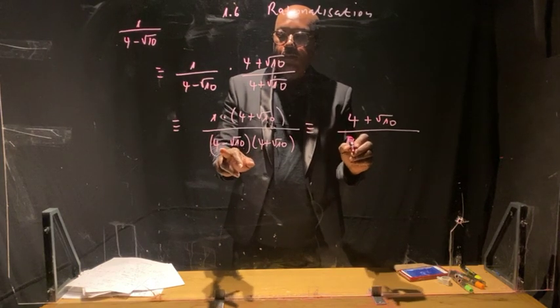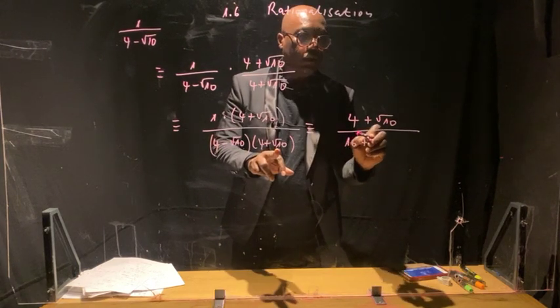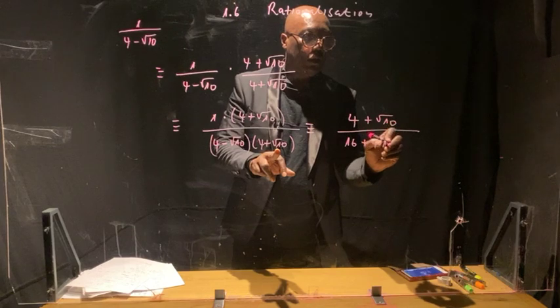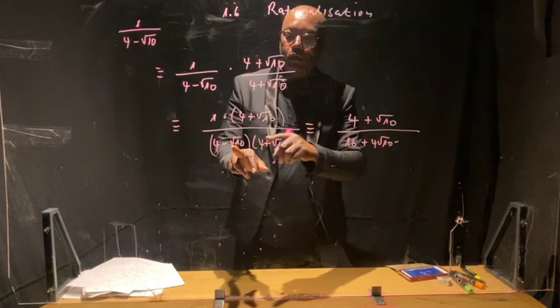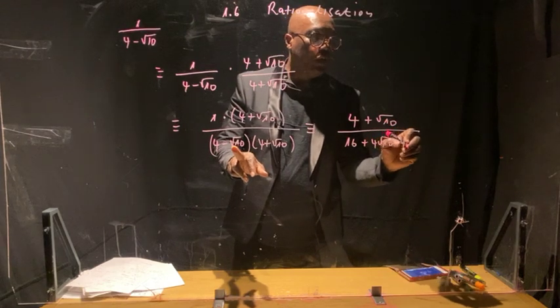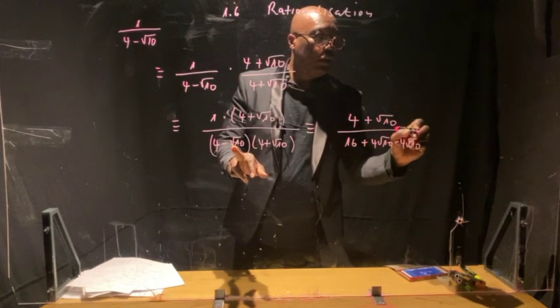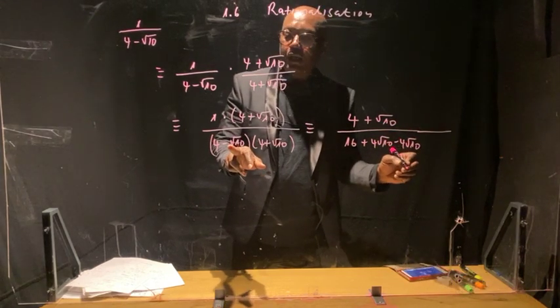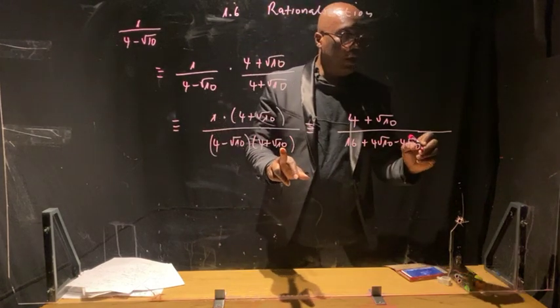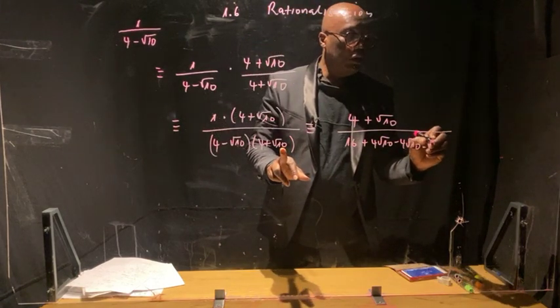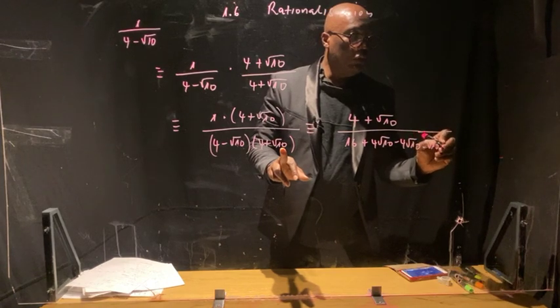Then we have 4 multiplied to root 10, we have 4 root 10. Then minus root 10 multiplied to 4, we have minus 4 root 10. Then we have minus root 10 times root 10.